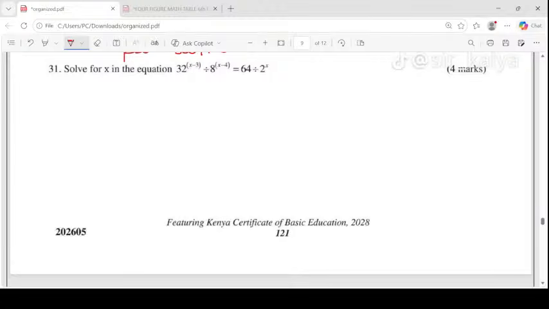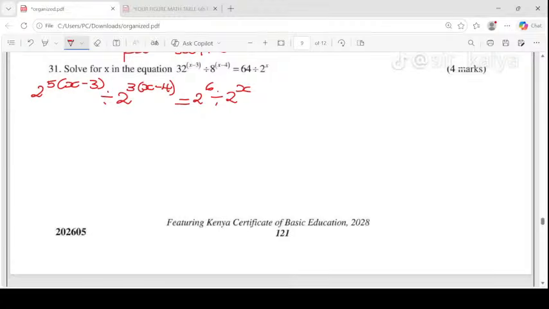So this is 2 power 5 into x minus 3, divided by 8, which is 2 power 3 into x minus 4. This should be equivalent to 64. You know 64 is 2 power 6, so this is 2 power 6 divided by 2 power x.